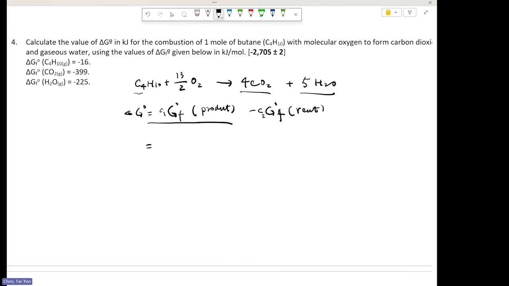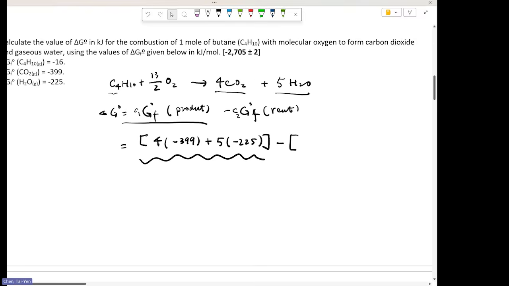The delta G naught formation of CO2 is negative 399, H2O is negative 225, so you do 4 times negative 399 plus 5 times negative 225.